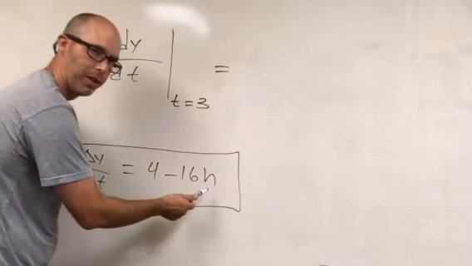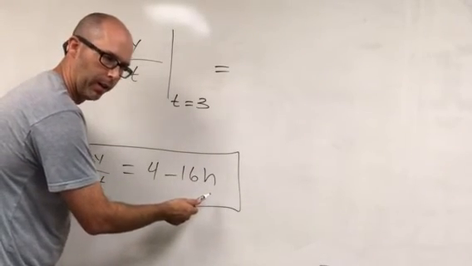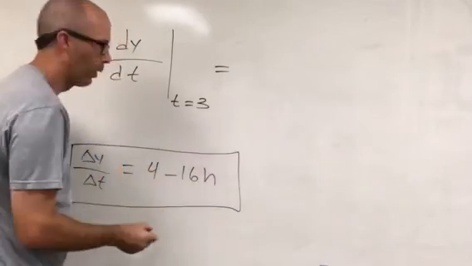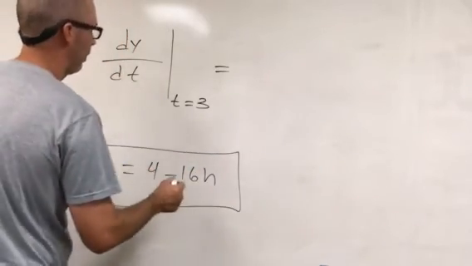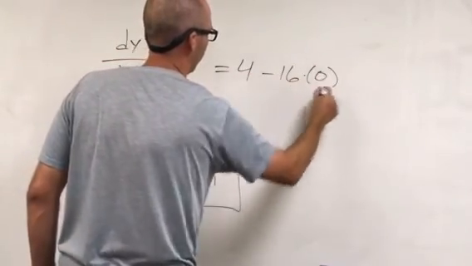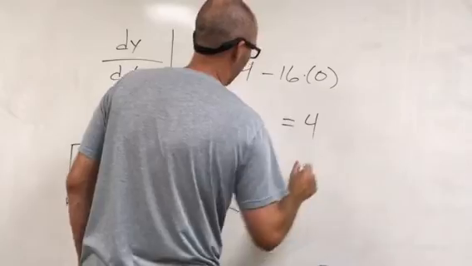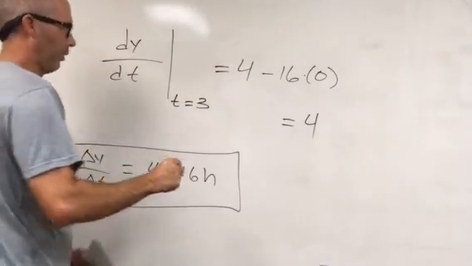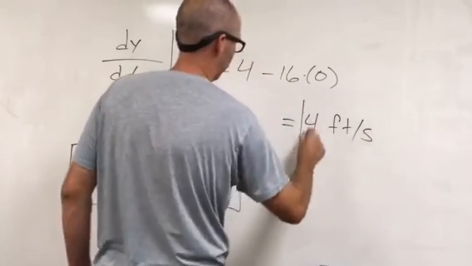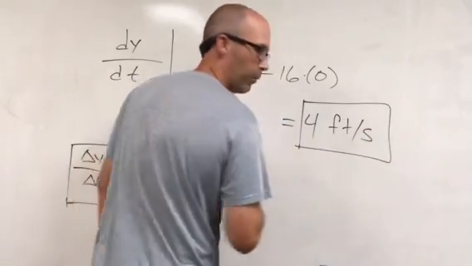It's exactly the same idea as why h equals 0 shrinks the interval down to a point. So we have 4 minus 16 times 0, which is 4, and the units, feet per second.